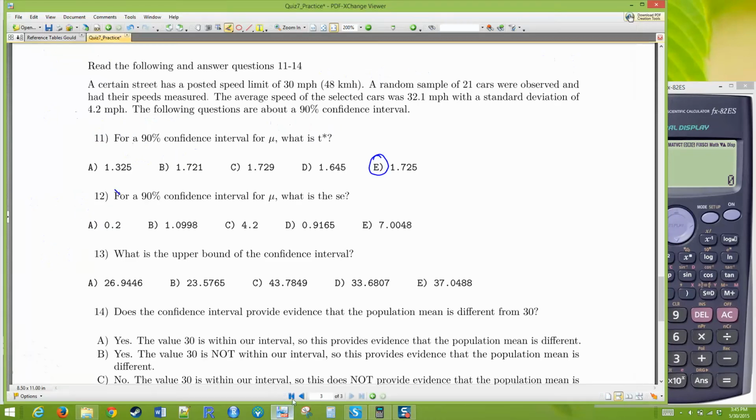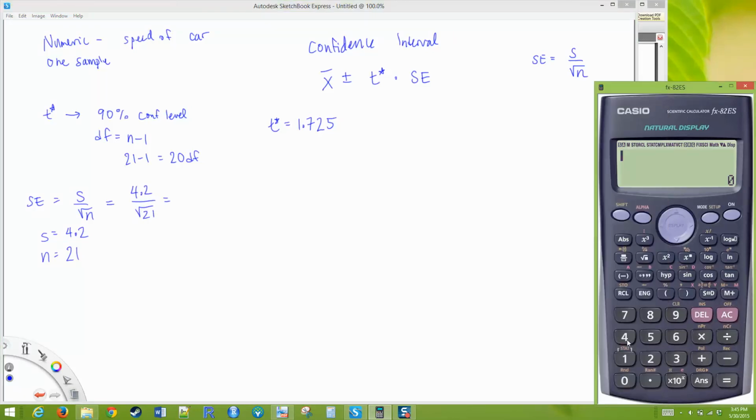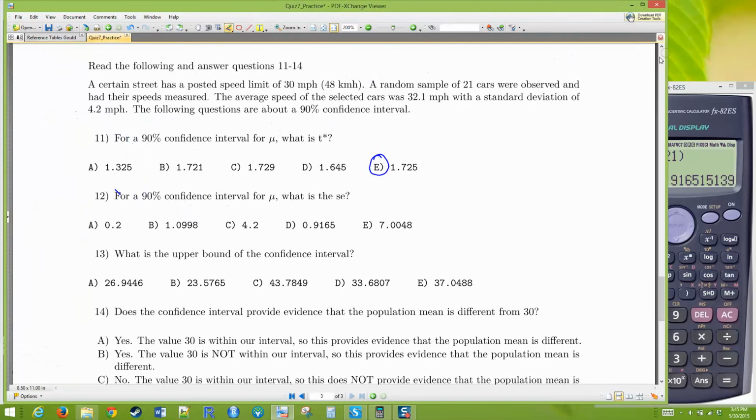And my standard deviation of the sample is 4.2, so my s is 4.2. So I'm going to have 4.2 divided by the square root of 21. Let's punch that in and see what we get. I get 0.9165. And looking at our answer choices, we see answer choice D is 0.9165.